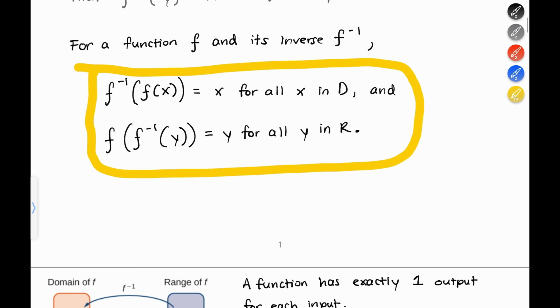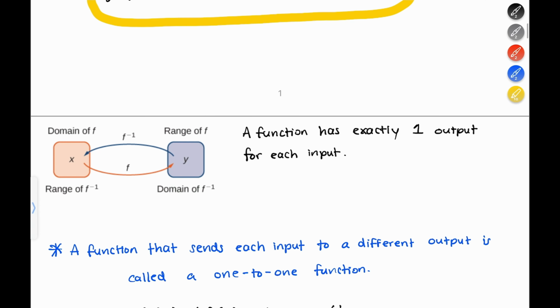Now let's look at this figure. It shows the relationship between the domain and the range of f and f inverse. The domain of f is the same thing as the range of f inverse, and the range of f is the same thing as the domain of f inverse.